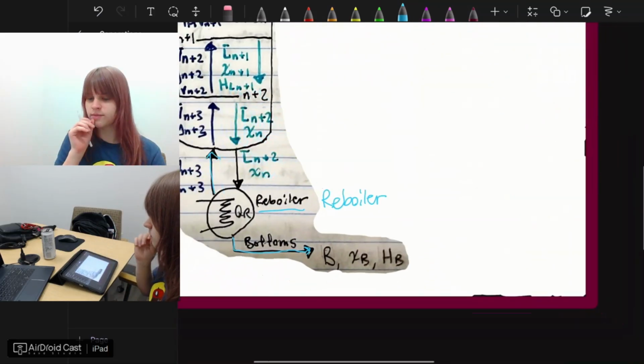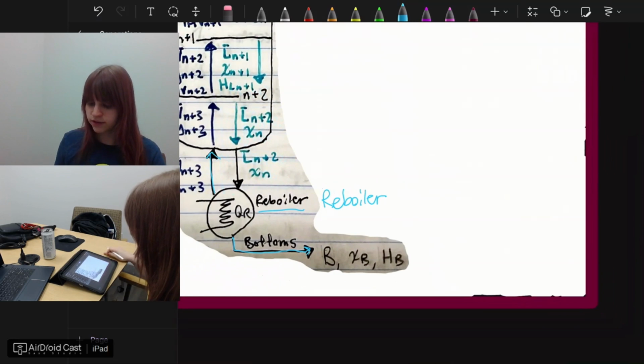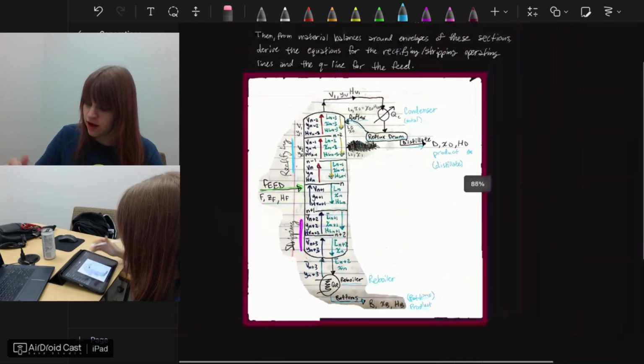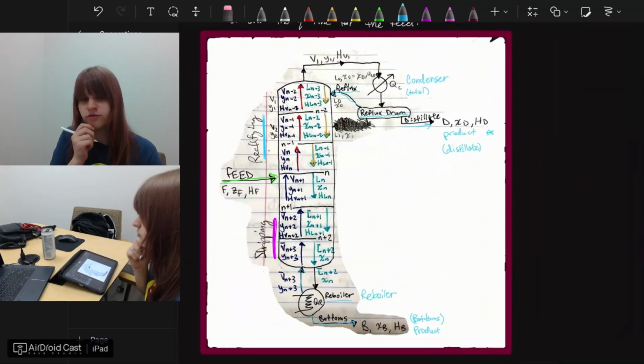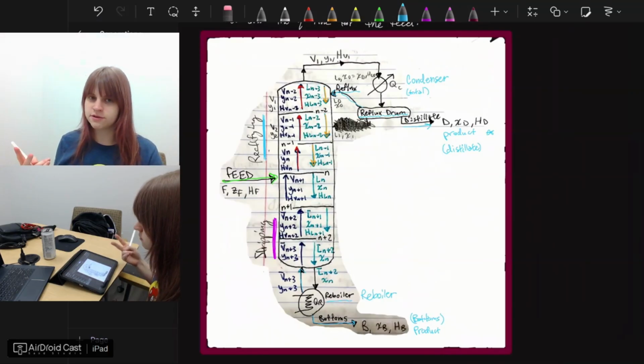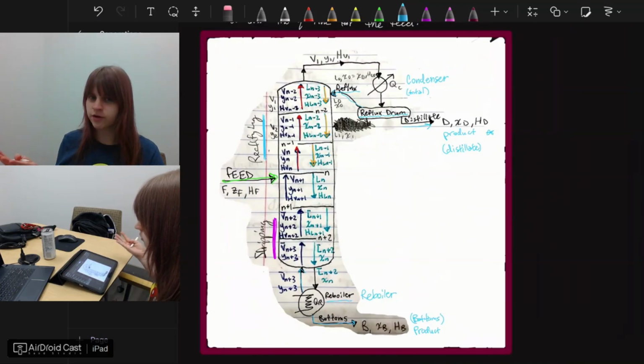You will have some of each in the other spots as well, but that just depends on how your process is set up. The bottoms is the other product. So we have the top product that, if you have a 2-component system, contains mostly the more volatile component, and the bottoms would contain the less volatile component.